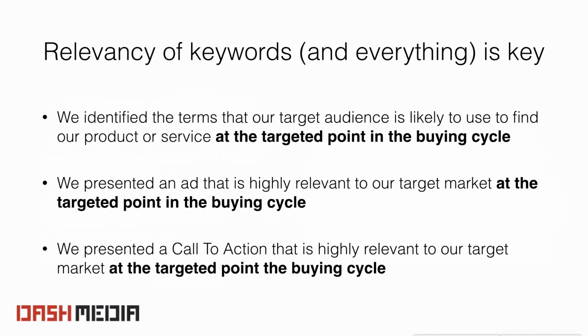And even though they're both members of our target audience, the strategy that we're going to use to target them is very different based on where they're at in that buying cycle.